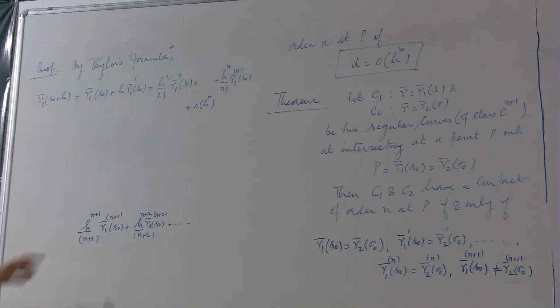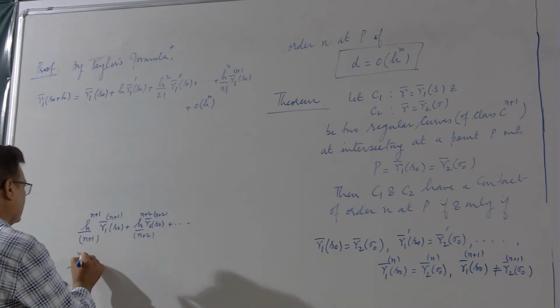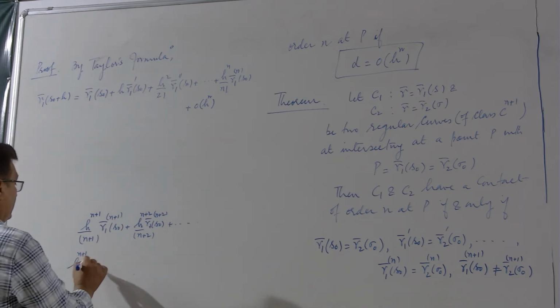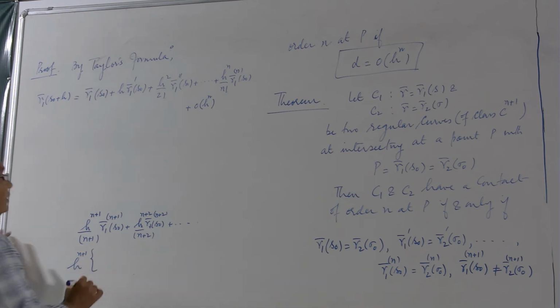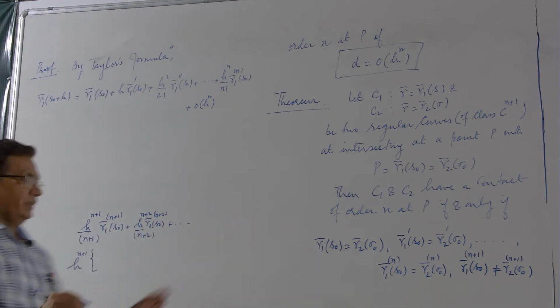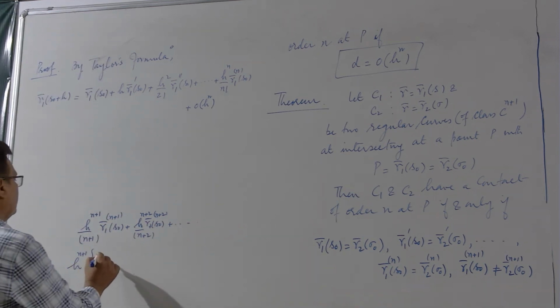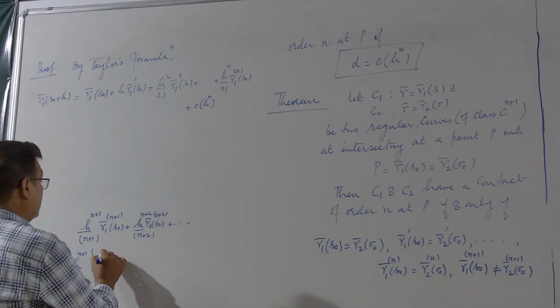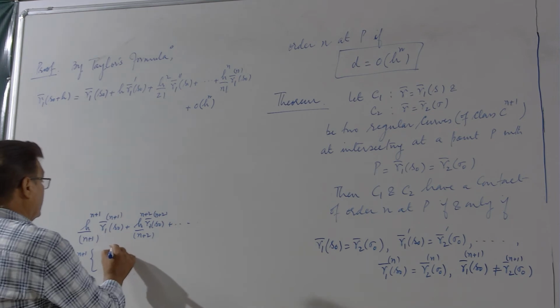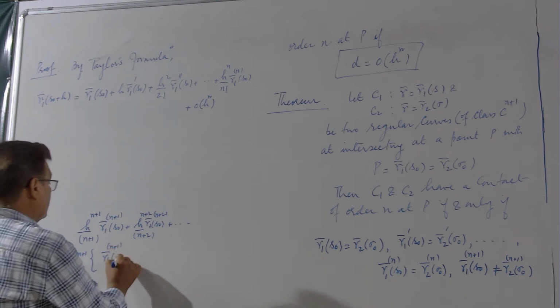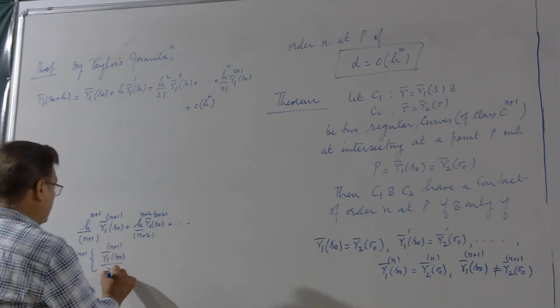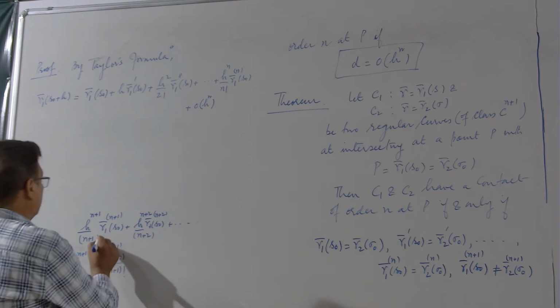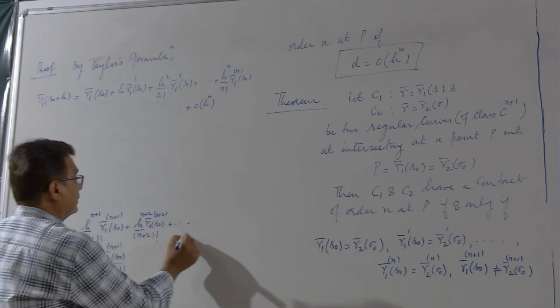Now, h to the power n plus 1 I can take common. If you take h to the power n plus 1 common from this infinite series, you will be getting r1 (n+1)th derivative at s0 upon n plus 1 factorial, and so on.